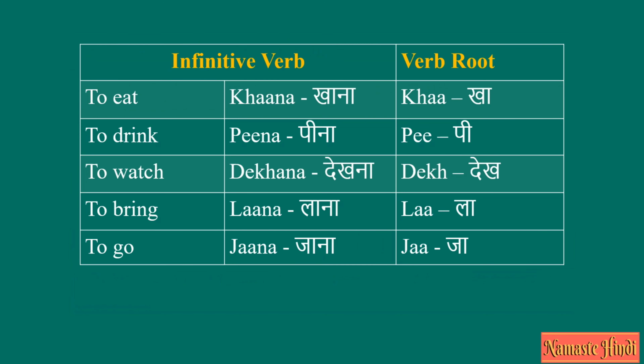Let's take a look at some verbs in both the infinitive form and the root form. To eat, खाना. The root verb version is simply eat, खा. To drink, पीना. Drink, पी.